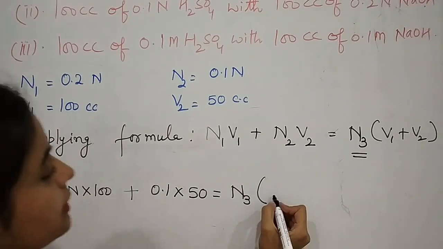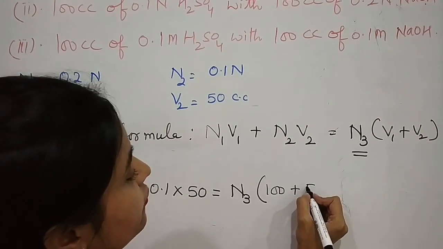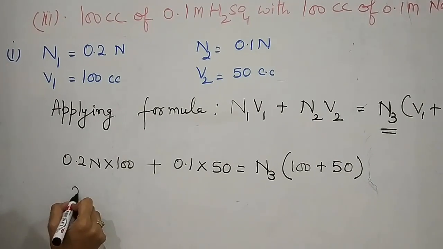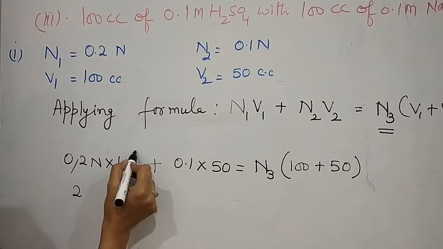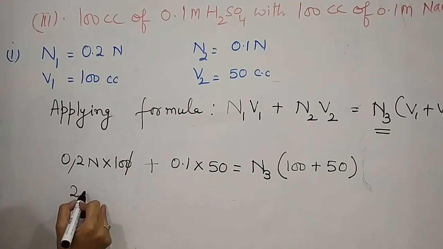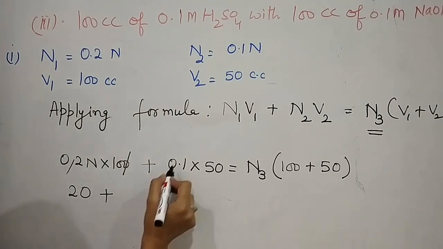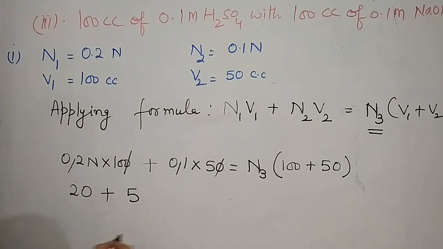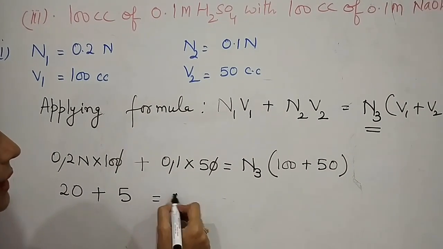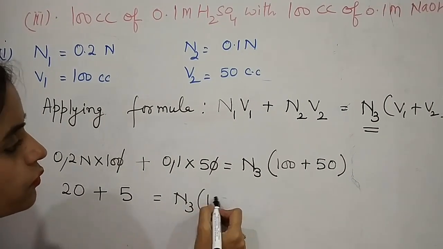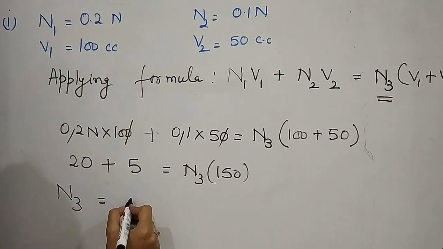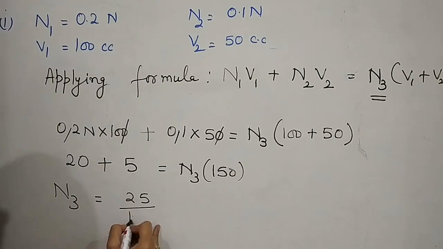V1 is 100 plus V2 is 50. So you have 2 by 10, that means these two cancel. So it is 20 plus 5 is equal to N3 into 150, or N3 here is equal to 25 upon 150.